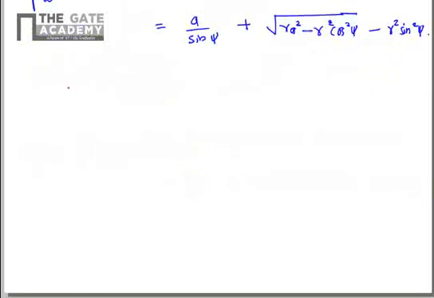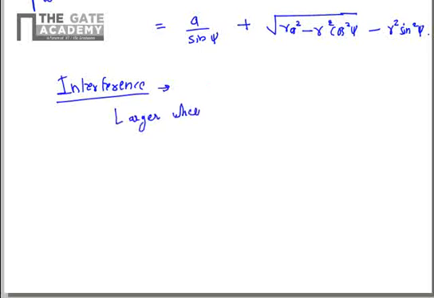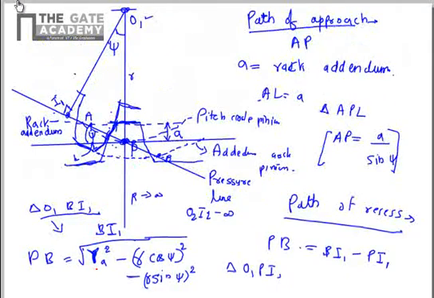For the interference condition, we know that interference occurs for the larger wheel first. So we'll consider the rack in this geometry. The rack addendum a is given. If you keep on increasing a, this point capital A will go and touch the point I1. So the maximum limiting case will occur when the rack addendum is such that A is just touching I1.